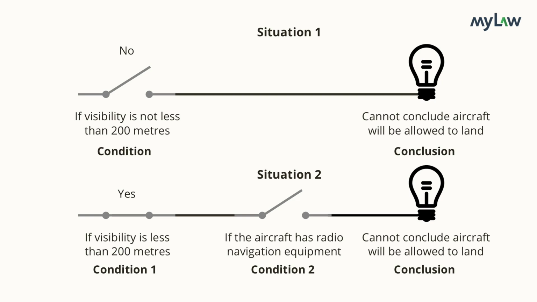So in neither situation have we been able to conclude that the aircraft will be allowed to land. However, we know that these two situations cover all possible situations. Therefore, we can actually conclude that the aircraft will not be allowed to land.